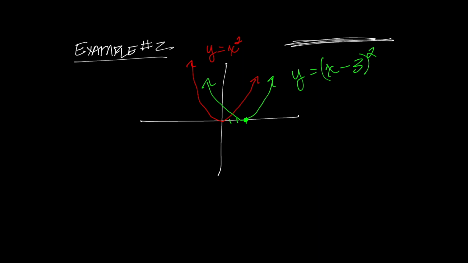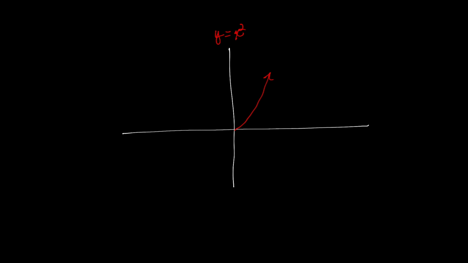Now let's look at one where we combine a couple of these things. Okay, let's do it. So now I'm going to combine a few of these. Let me draw my function here. If I'm going to work on y equals x squared, I always like to jot my parent function down here first, or sketch it.